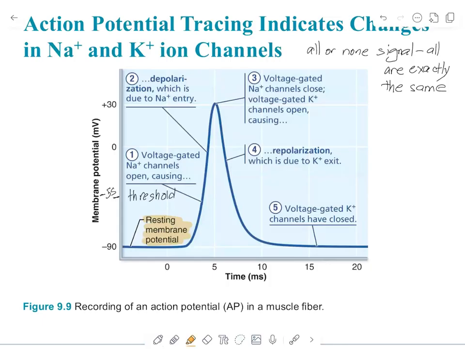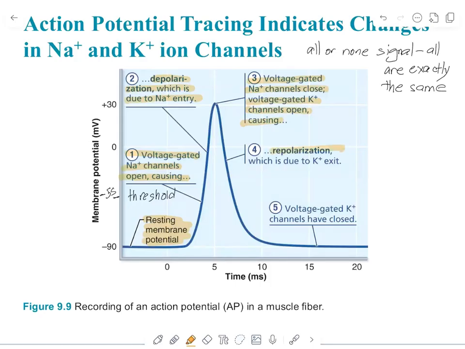And the first thing that you saw was that voltage-gated sodium channels open, and that causes depolarization due to sodium entry. So the inside always goes from negative 90 to positive 30. Once it gets to positive 30, those voltage-gated sodium channels close, and the voltage-gated potassium channels open.